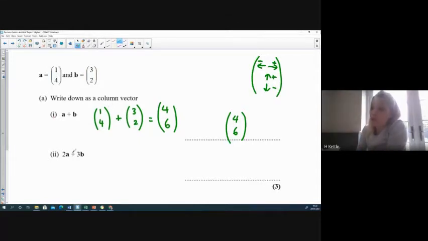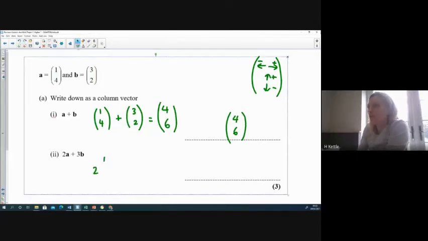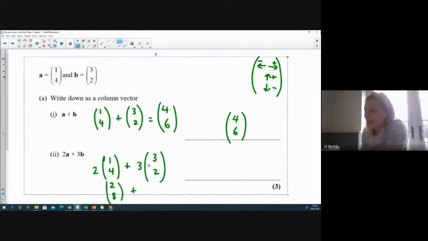Now, what if we were to do 2 lots of A? What if we were to do 2 of these and 3 of these? So that would be 2 across and 8 up, and then it would be 9 across and 6 up.